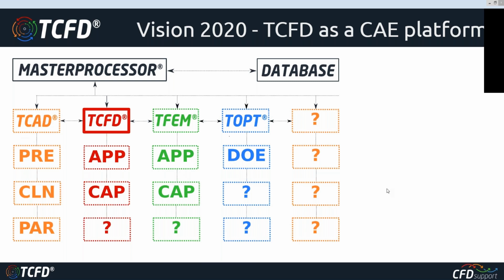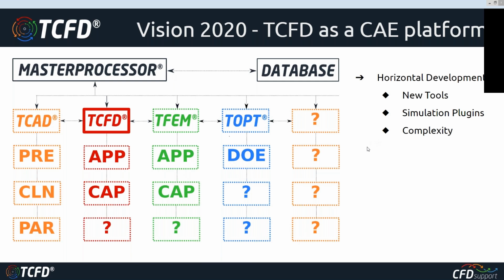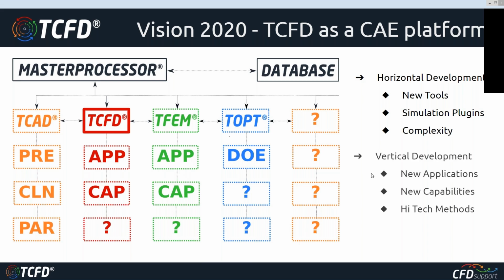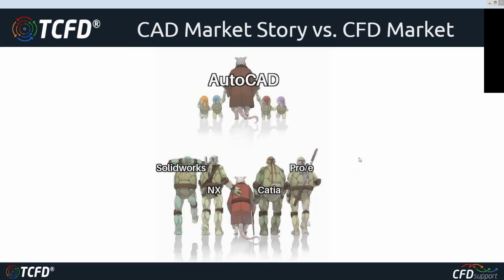All of them will be based on open sources, and they will be maintained by the master process, which is the work name right now, and also communicated with the database of the results and be able to write and read it. So for the future we have the horizontal development, which is adding new tools, new plugins, and adding complexity, and also we have vertical development, which is adding new applications, new capabilities, and high-tech methods to our workflow.